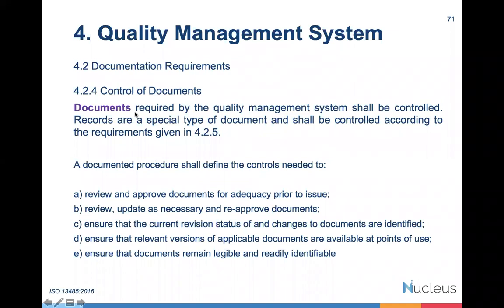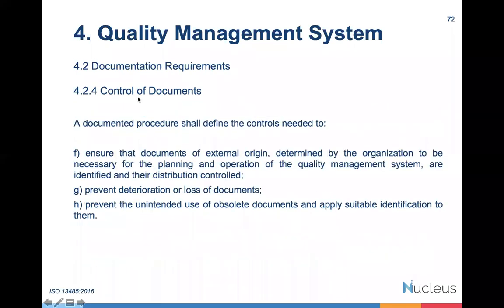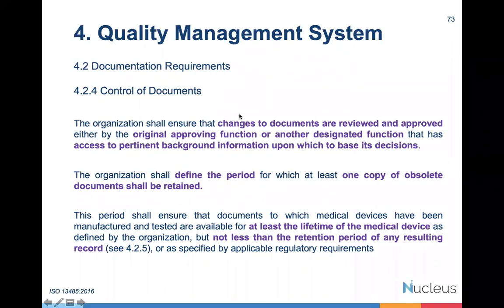Then this is the pretty old document control and record control, how we are going to deal with it. But here I would like to highlight a few requirements, especially these two. Changes to your quality management system document: who is going to make this change?